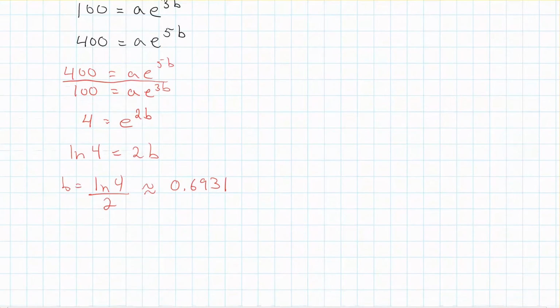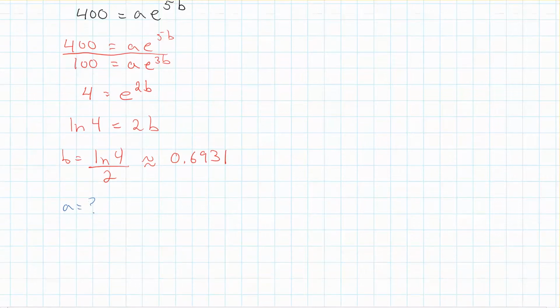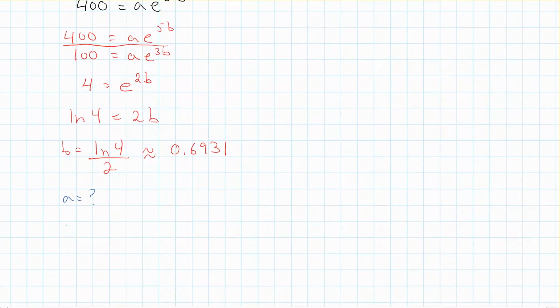for b. Alright, well I now still need to figure out what a is, but I now know what b is, so really that shouldn't be too difficult. I should be able to use either one of these equations. For instance, 100 is equal to a e to the, I now know what b is, so it would be 3 times, because it's been 3 hours still, 3 times 0.6931.